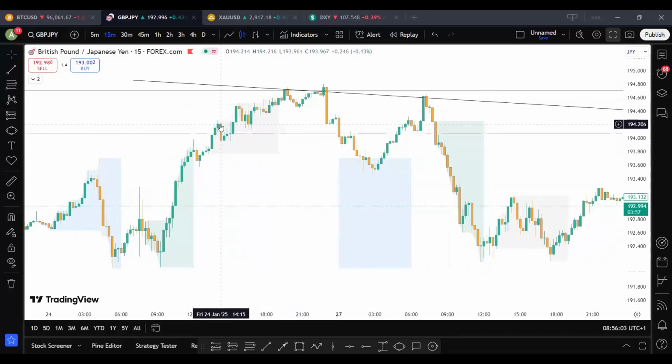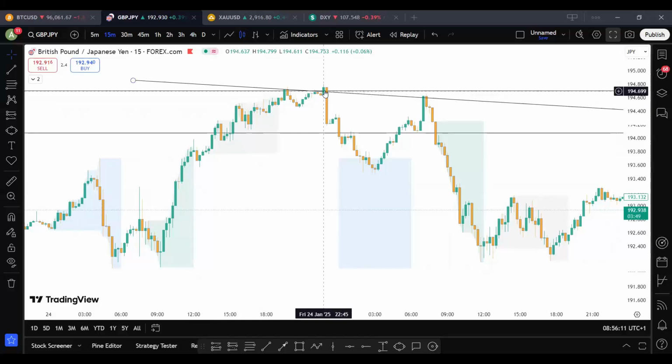Market taps it, forms a bearish engulfing, but still keeps going up. You get until here. This is a very big impulse. So both the confirmation for the bearish engulfing and the order block worked here.